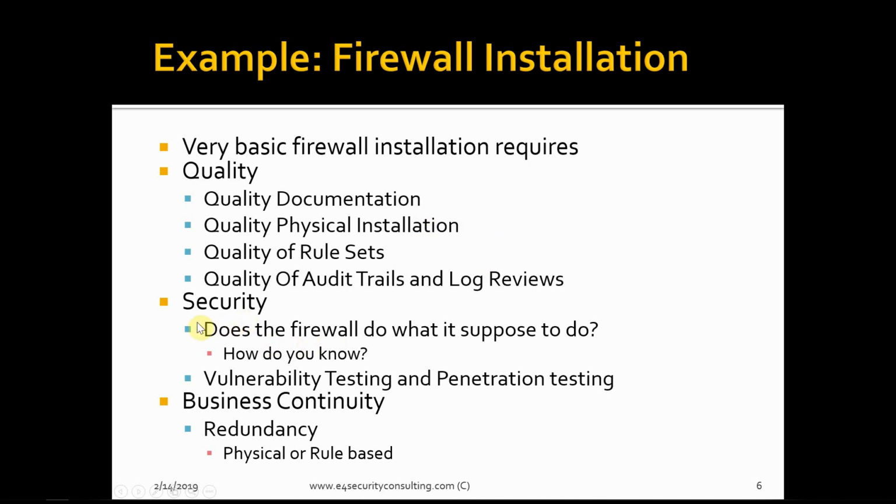Same thing if I'm now following ISO 27000. So security: does the firewall do what it's supposed to do? And the question I'm asking is, how do you know? That means I have to do vulnerability testing and penetration testing, and find out what the vulnerabilities are here, what ports are not patched, what services are not disabled, what the security requirement is.